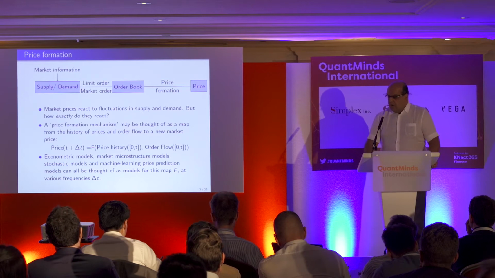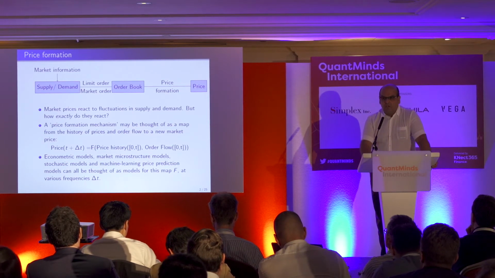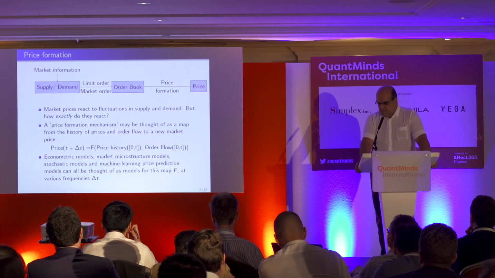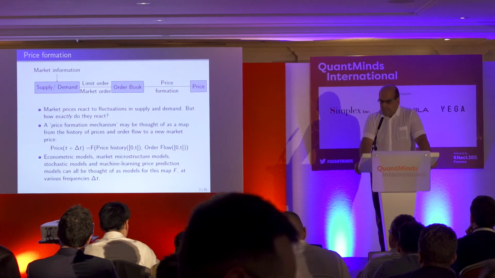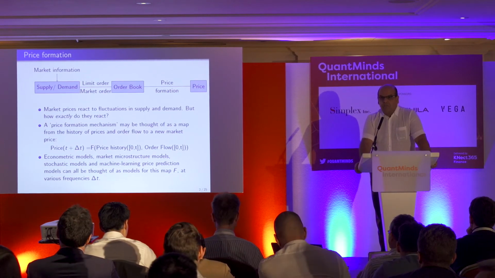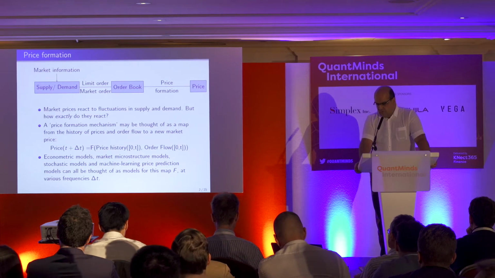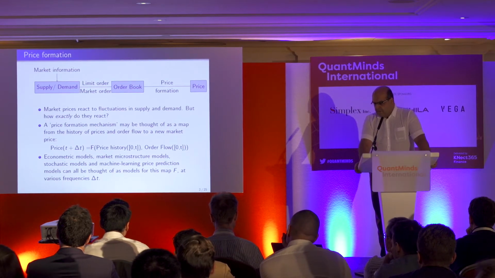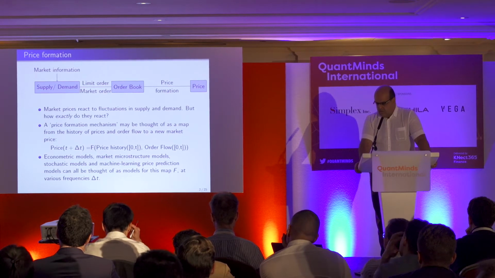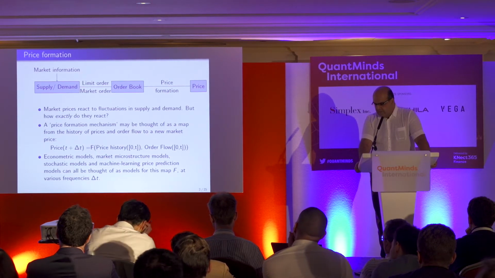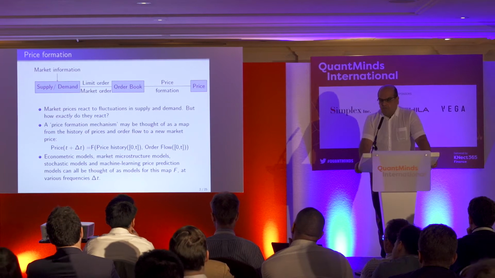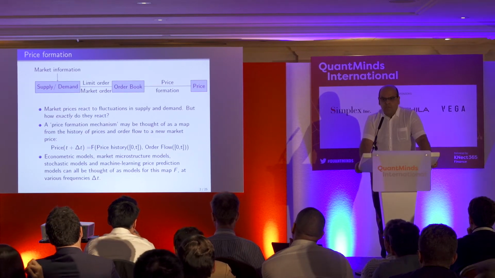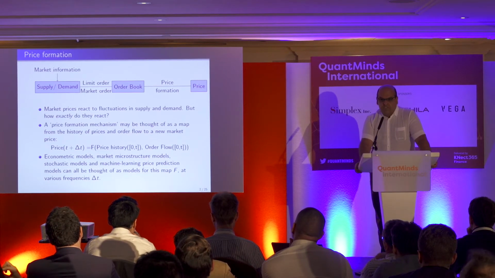Okay, so this study is about understanding price formation. What is price formation? This is the general name given to the mechanisms through which supply and demand, and perhaps other factors in markets, lead to the determination of the price. It's well known that market prices react to supply and demand. But the question is how exactly?